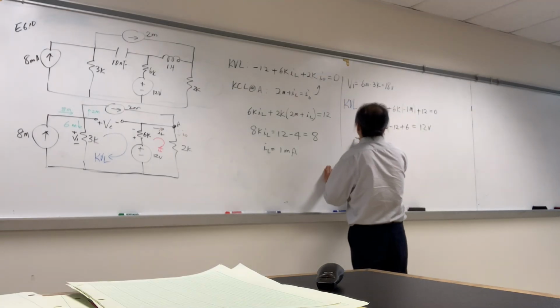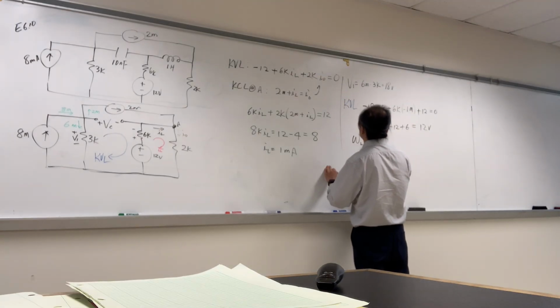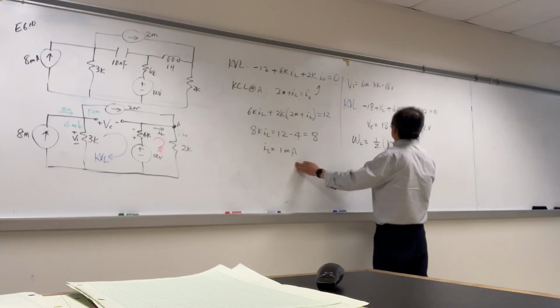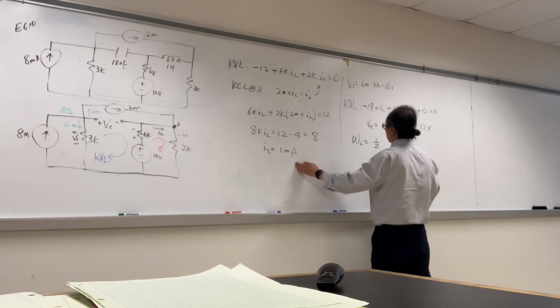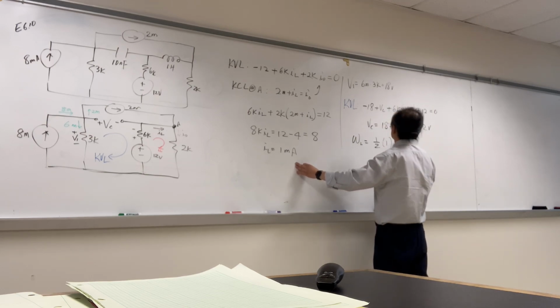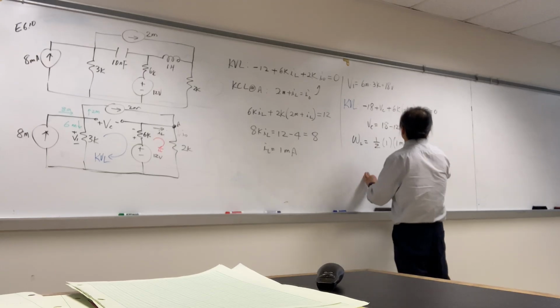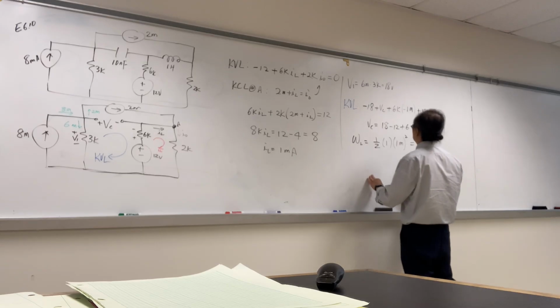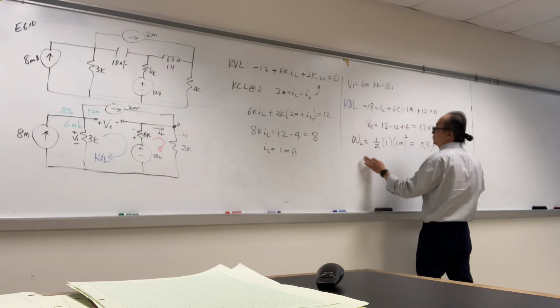So now WL equals 1 over 2, L1 times 1 milli squared. So it's 0.5 microjoule.